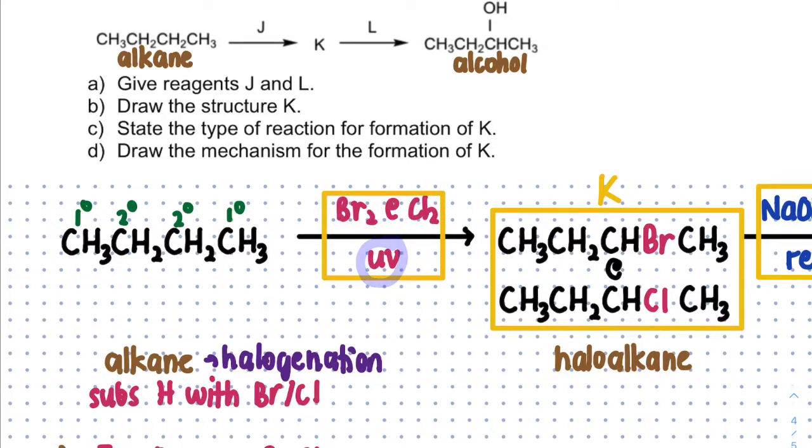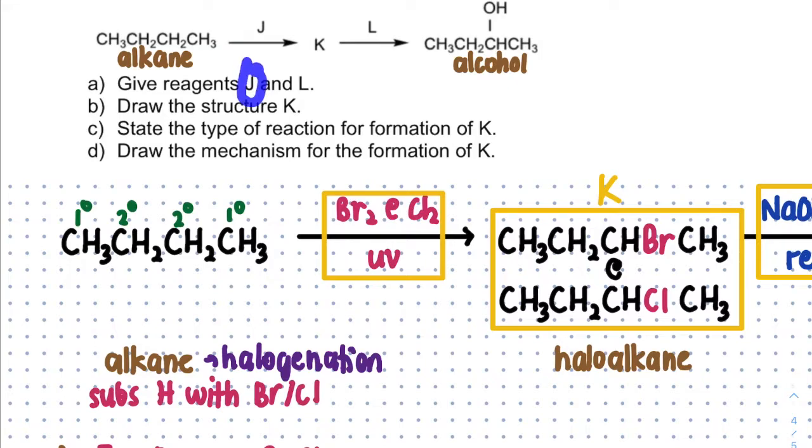Sebab UV ni form radical dan because of the presence of radical ni lah, baru alkane ni can undergo the halogenation tu. Okay, so again yang ni dia tricky part sikit. Sebab yang ni alkane kena ingat balik lah. Boleh satu saja reaction dia boleh undergo. Reaction lain-lain tak boleh.